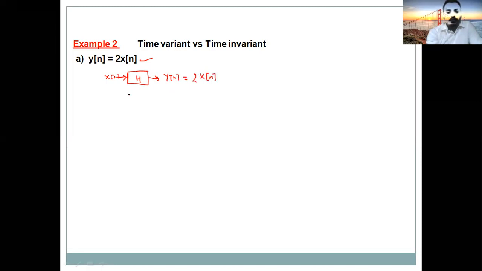Now, to check time variance or time invariance, what do we have to do? Shift the input by some amount. Let's say you shift this by 2 and apply it to the system, what will be the output? The output, let me call it y2.